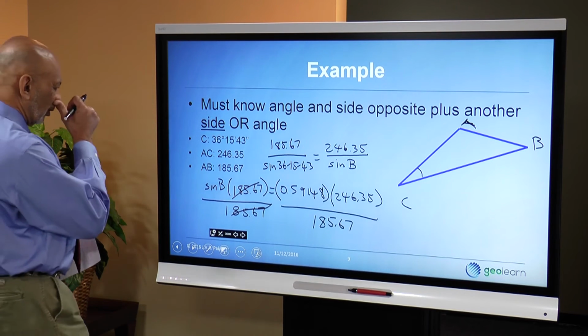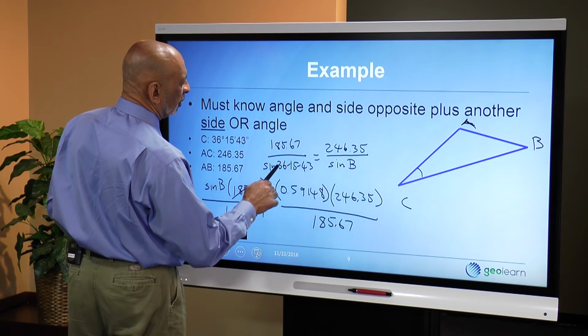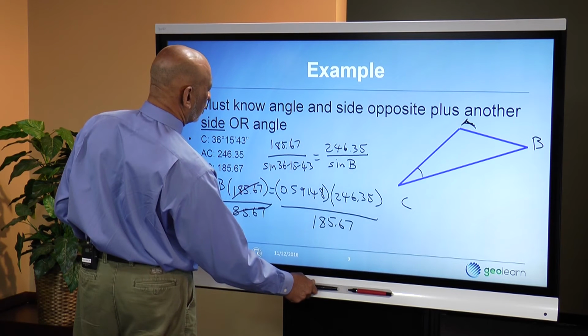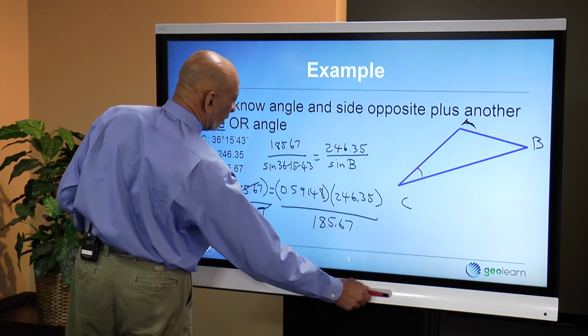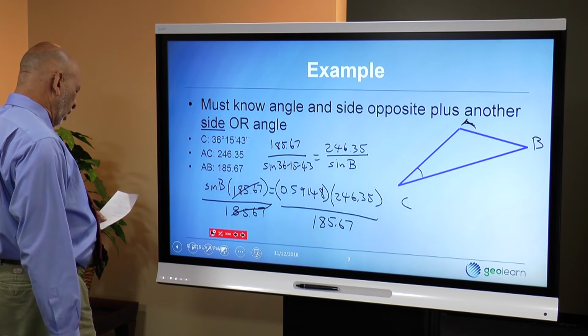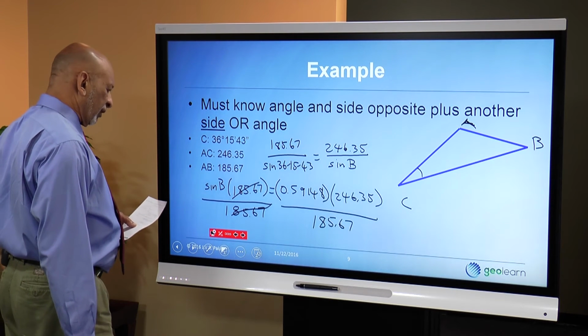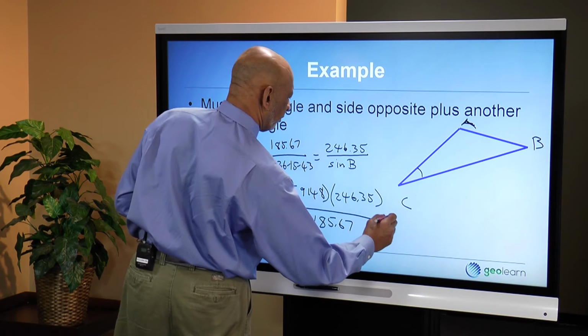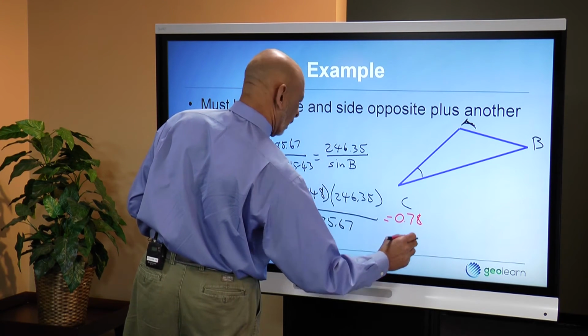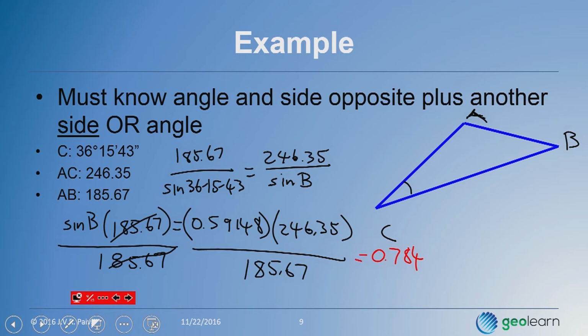Don't forget when you do this that you've got degrees, minutes, and seconds, so you need to convert degrees, minutes, and seconds to decimal degrees. And you get out of this that the sine of B is 0.78478. That's the sine of B.